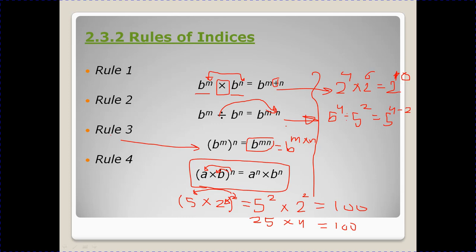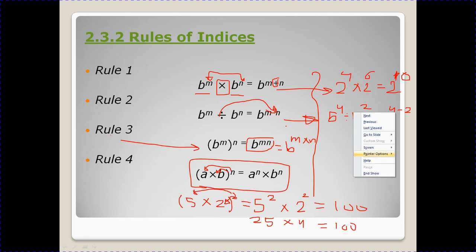So rule number 1, multiplication becomes addition, and rule number 2, division becomes subtraction. Rule number 3, power to the power becomes multiplication, and if you have a bracket raised to the power n, this n will be distributed on every term inside the bracket.